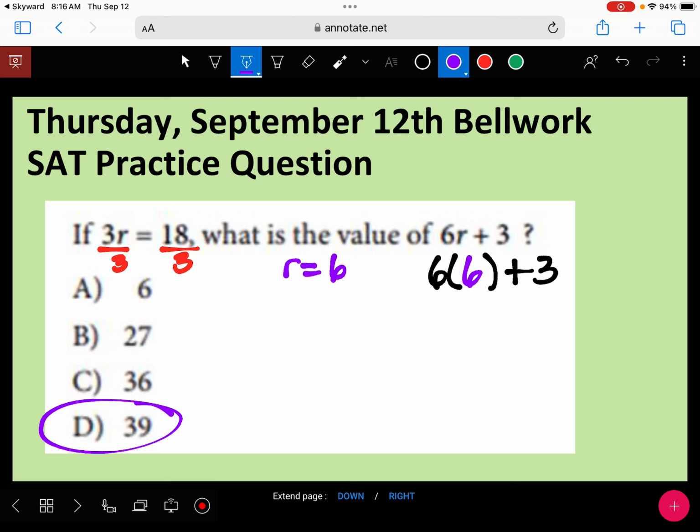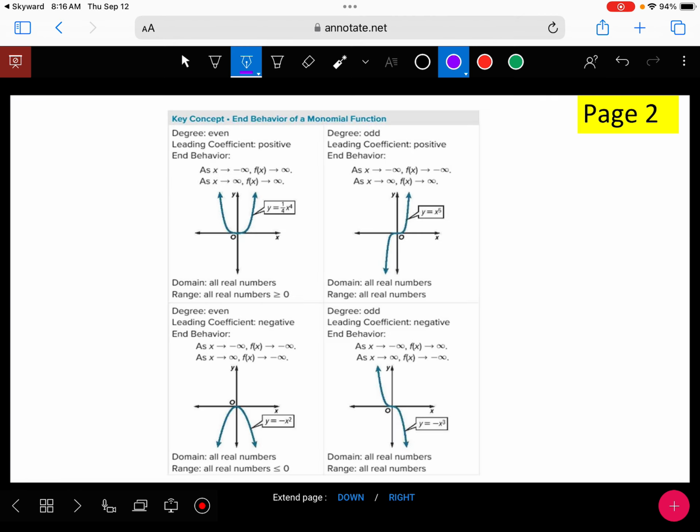All right, so let's go ahead and go to page 2 in your note packet. And page 2 in the note packet has what we call the end behavior chart, where it talks about what does your graph do on the ends. Okay, so we're in the purple packet and we're talking about end behavior.